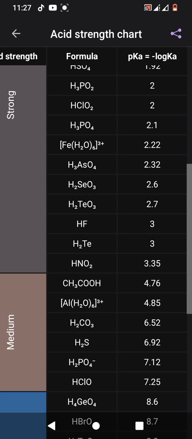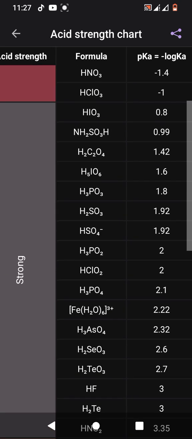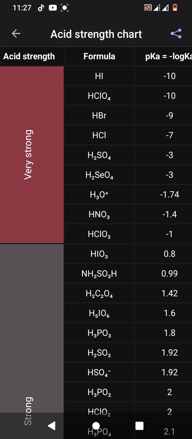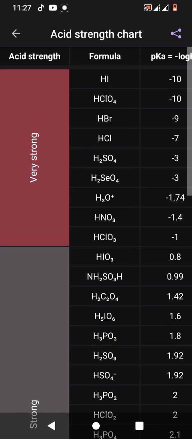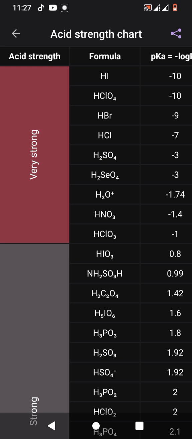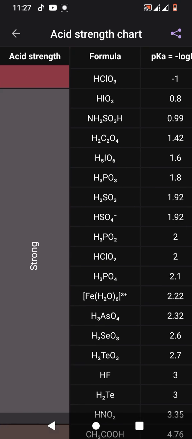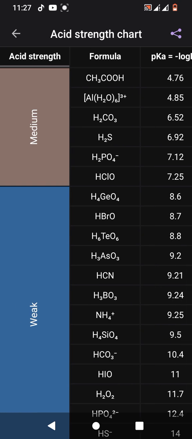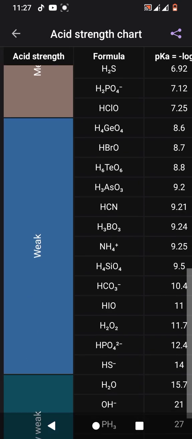In our syllabus we just deal with strong acids and weak acids. So we won't be delving into very strong, medium and weak acids. We'll just classify them as strong acids and weak acids. So these are their pHs.